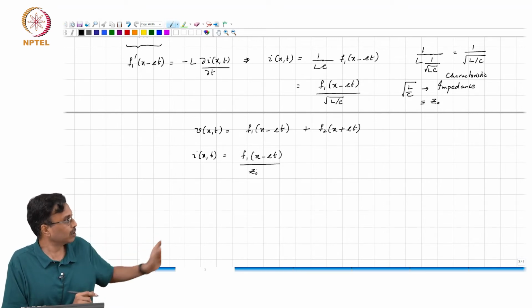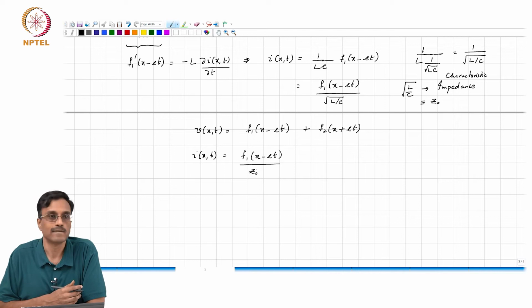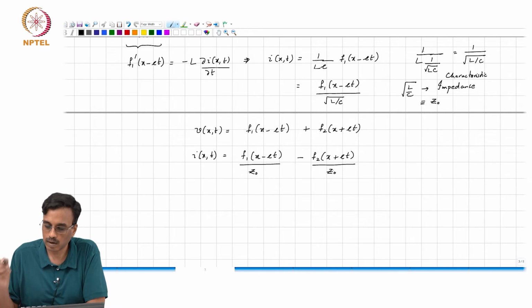What comment can we make about the current corresponding to F2 of x plus Ct? Minus F2 of x plus Ct over Z naught.